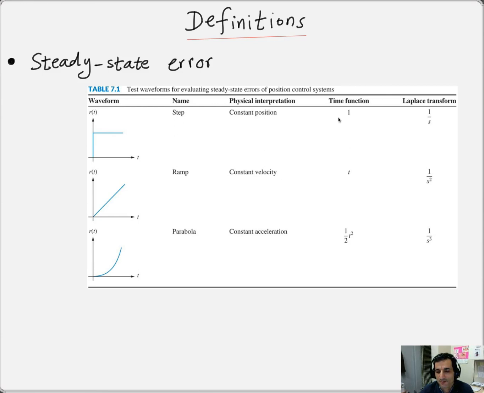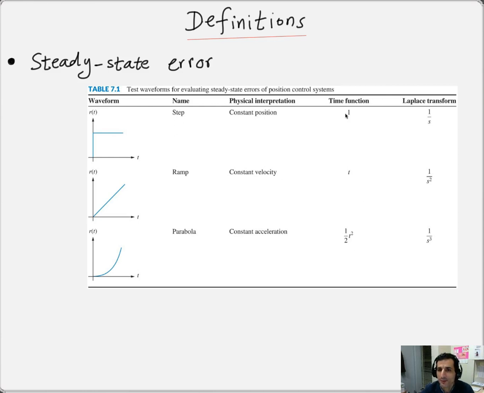So when we're talking about the value of the function in the time domain, we're just referring to what they give us for t greater than 0. For a step, it would be just 1. For a ramp, it would be just t. For a parabolic function, we're specifically talking about 1/2 of t squared, but not t squared.